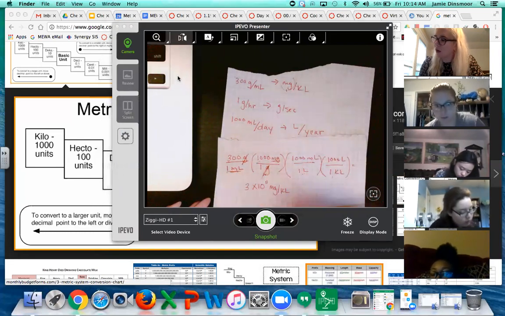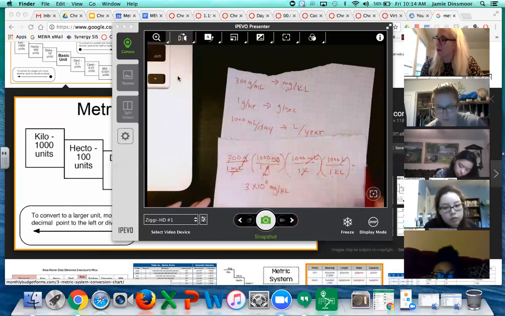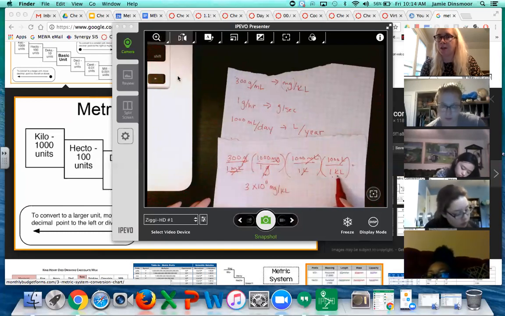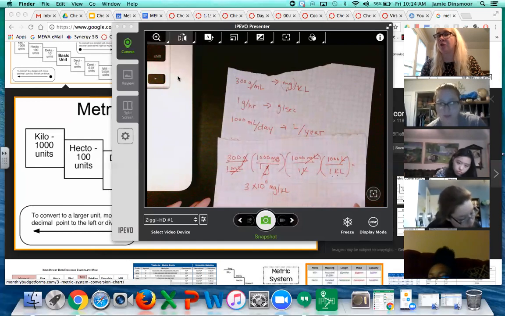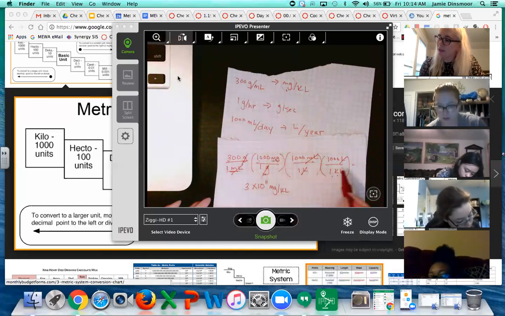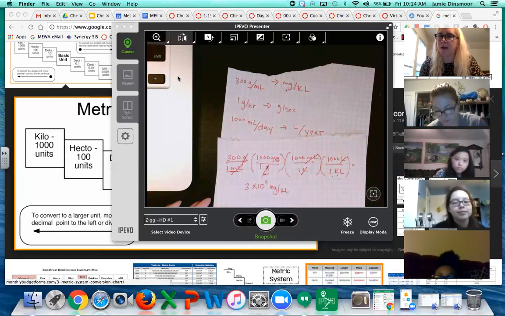So that crosses out my milliliters, crosses out my liters, and I'm left with milligrams per kiloliter, which is what I wanted. I actually got 3 times 10 to the 11. So that's 3 with 11 zeros after it, milligrams per kiloliter. So it's a huge number. You could have said how many milliliters were in a kiloliter right here and just done 1 step. Did you guys get the same thing as me? Yeah? Okay.